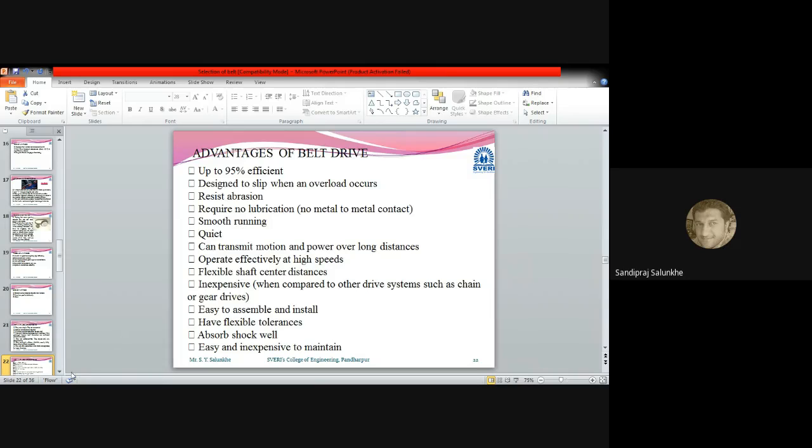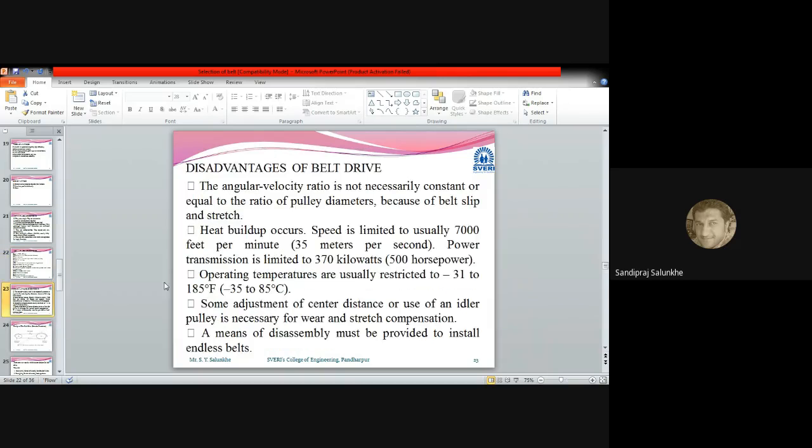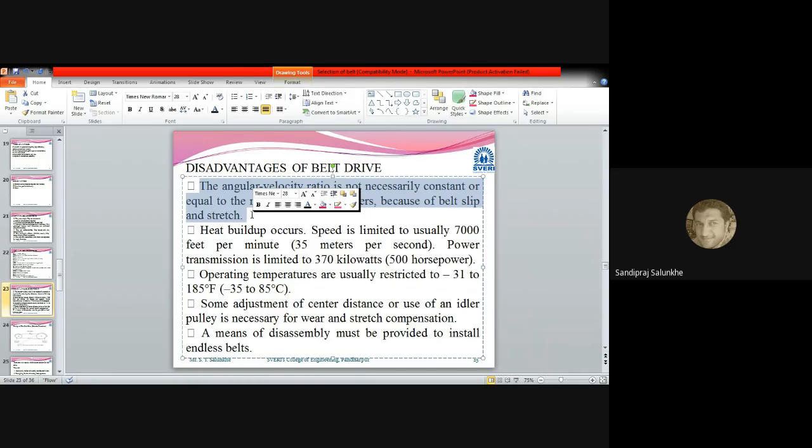We are talking about advantages only. So this list can be explained again, and you can add two more to this list as advantages of the belt drive. Sorry, that previous thing which I explained was advantages only.